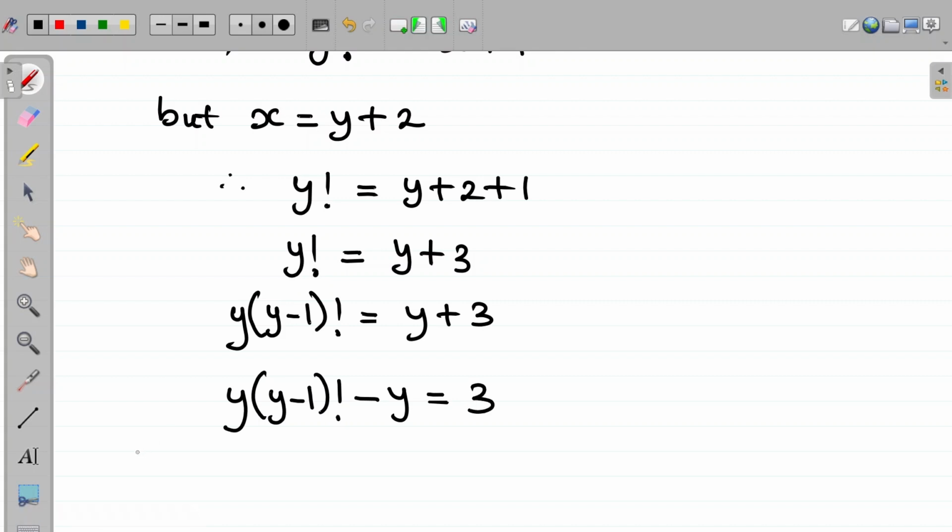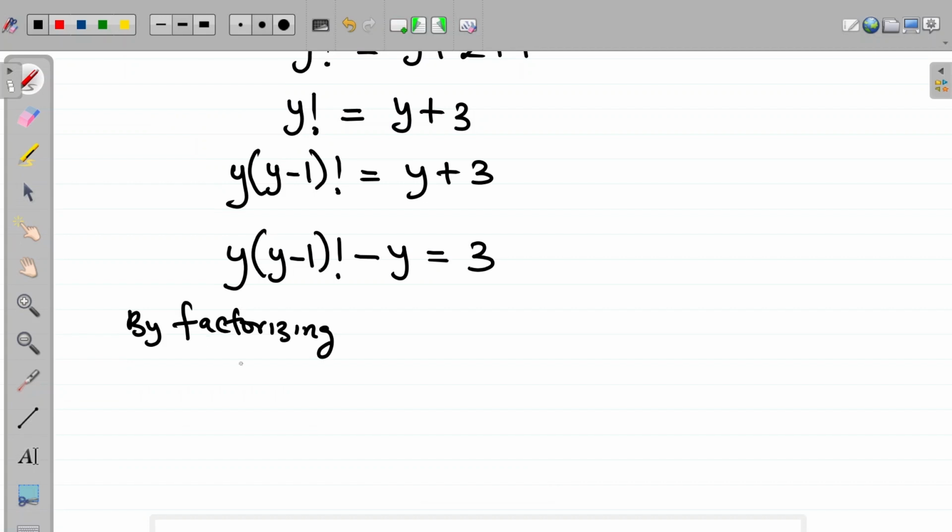By factorizing, our equation becomes y, open your bracket, y minus 1 factorial minus 1 equal to 3.